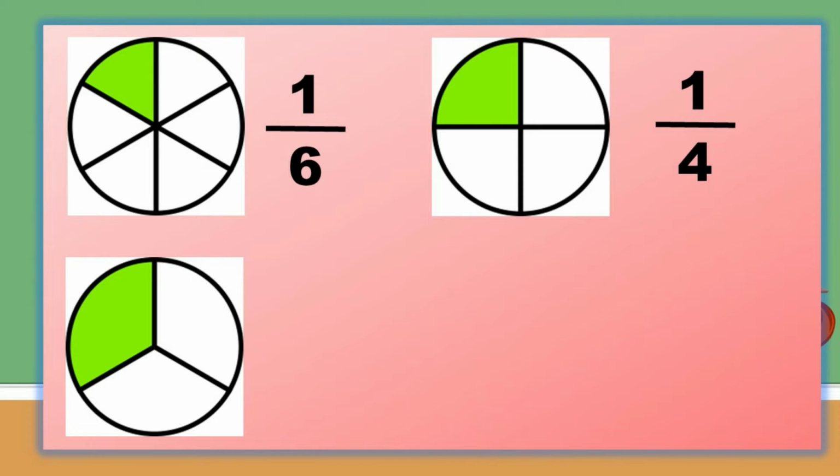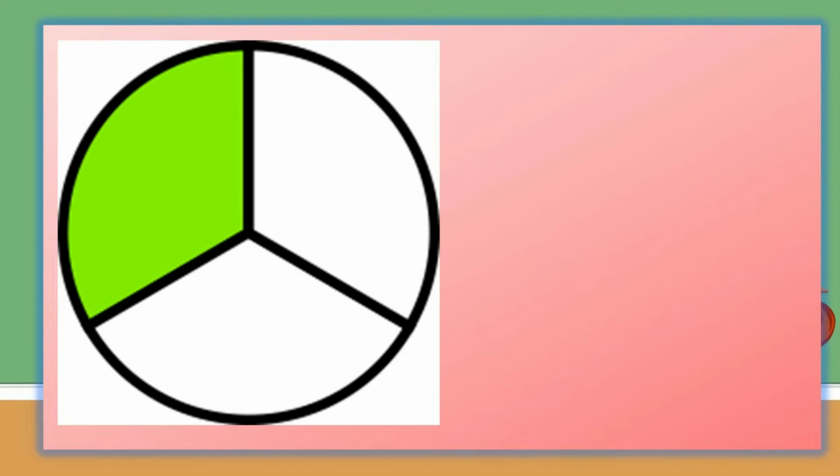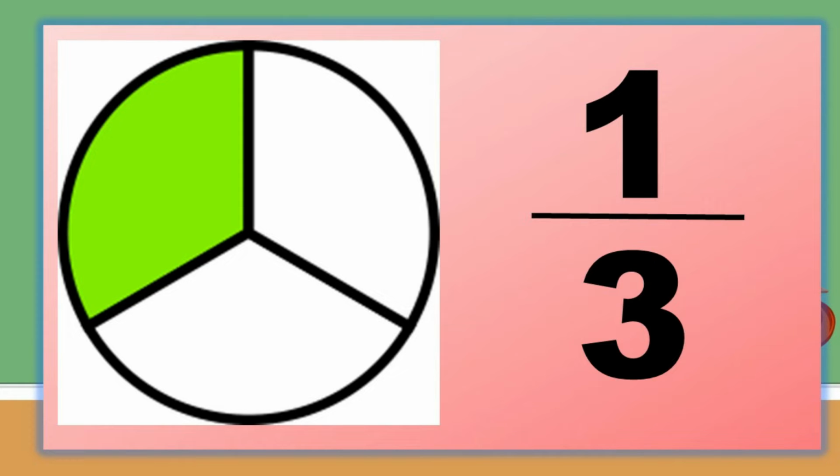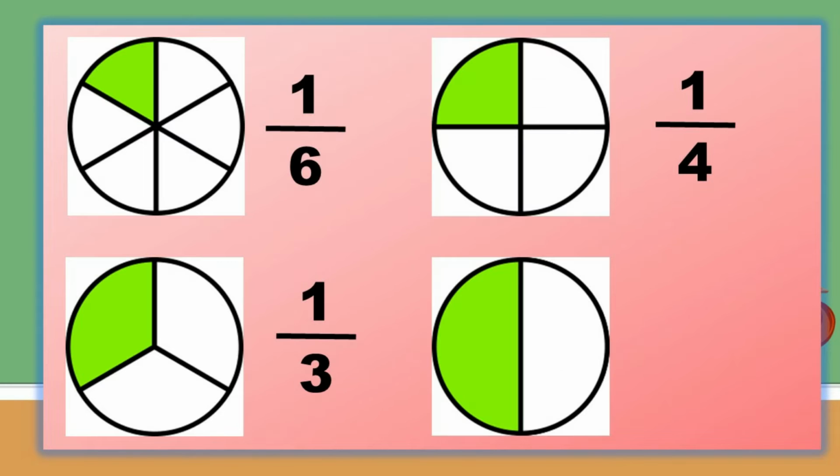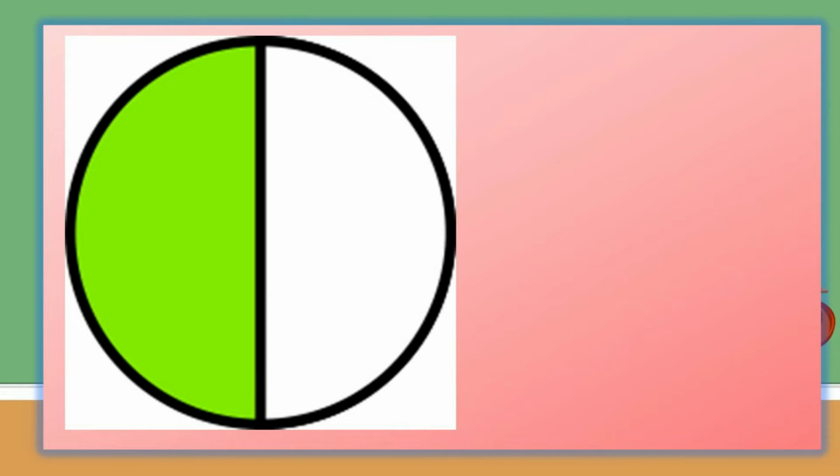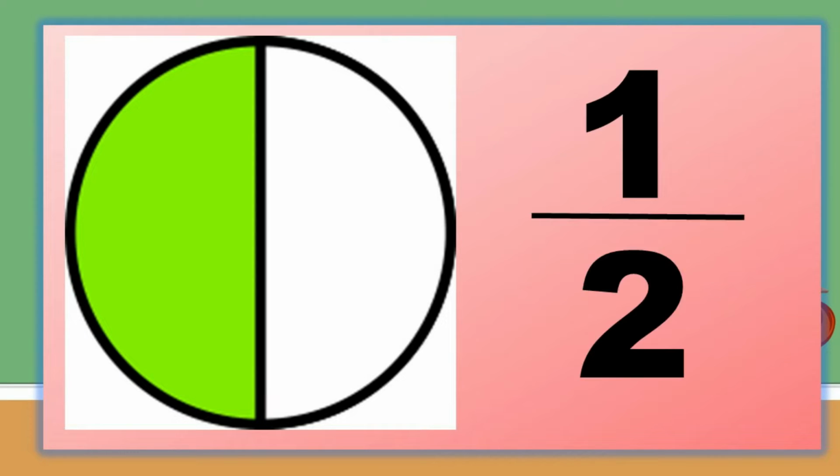How about the third given? What is the fraction of the third given? Good job! The fraction of the third given is 1/3. How about the last item? What is the fraction of the last item? Correct! The fraction of the last item is 1/2.